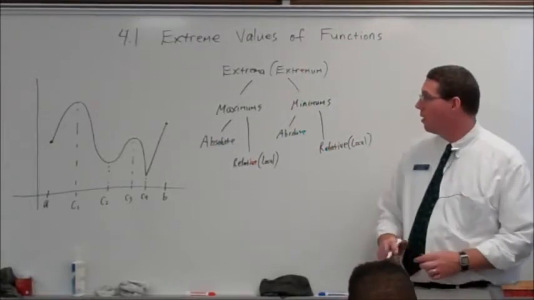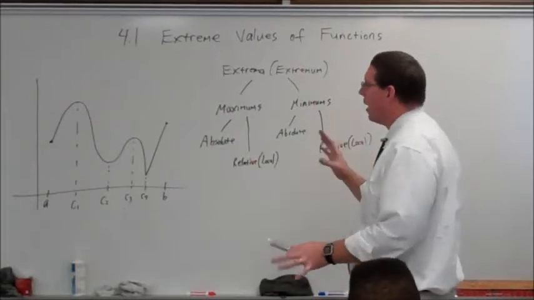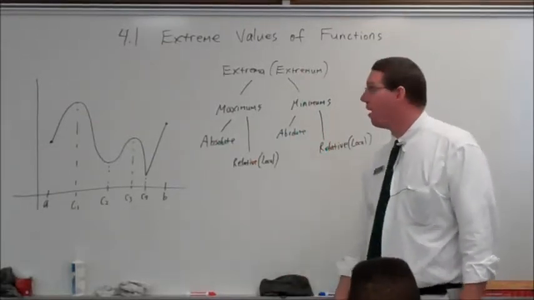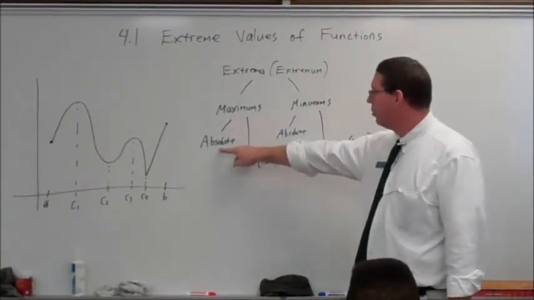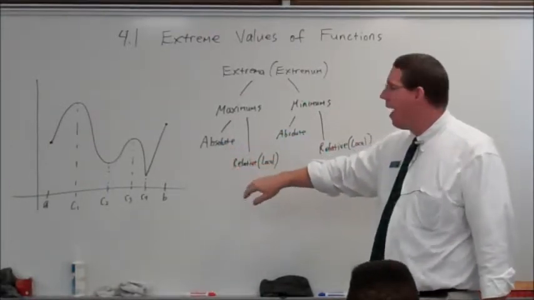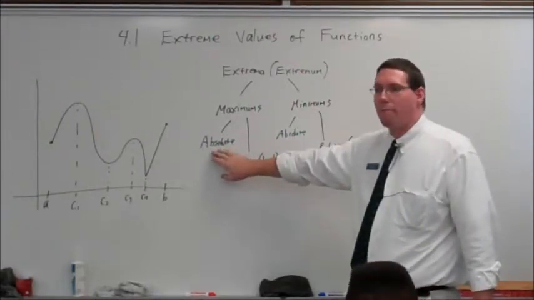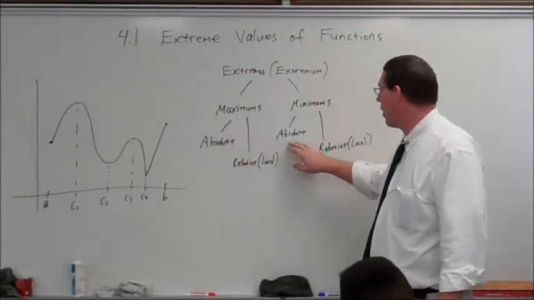Okay, so here's what we are looking at. Can anybody, just looking at this graph, identify the absolute? Well, actually, let me talk about absolute and relative first, and then I'll ask you to identify. On an interval, you can really only have one absolute maximum and one absolute minimum.